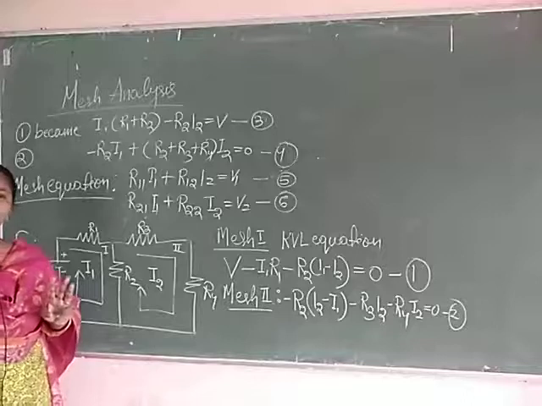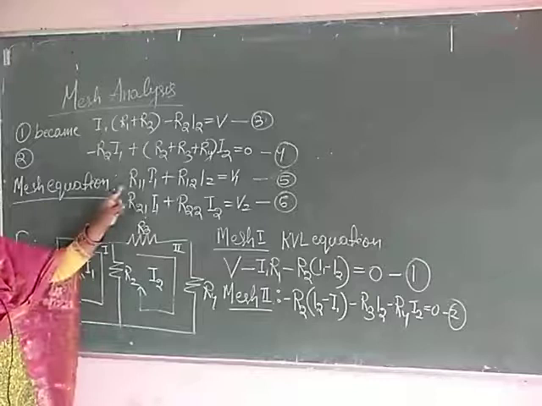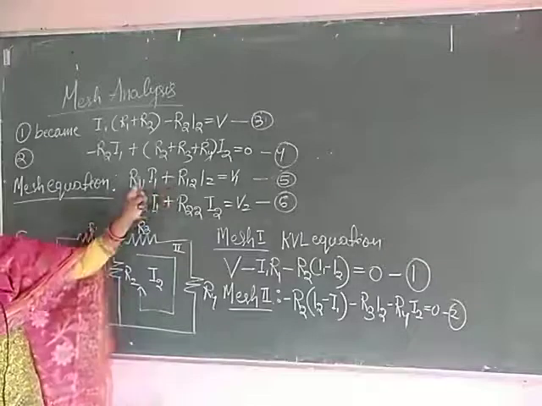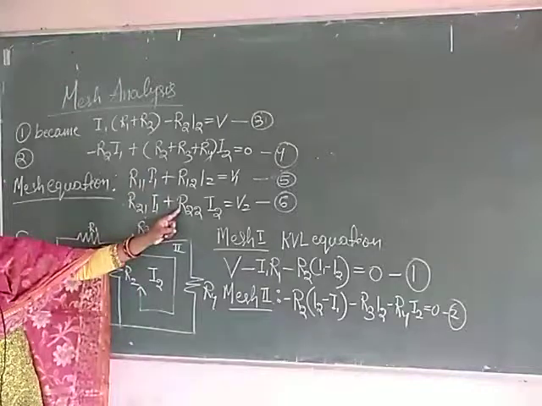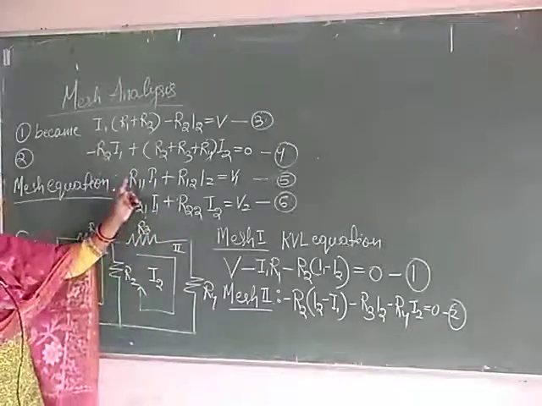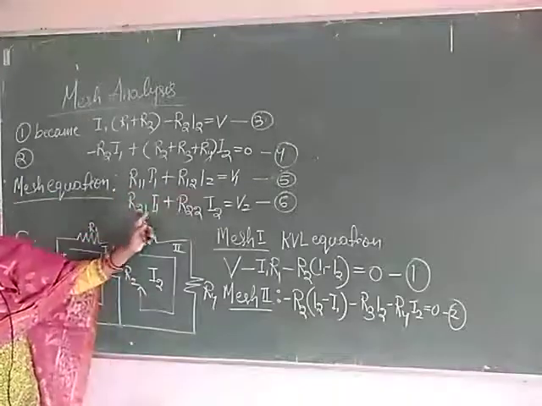Three points to get a conclusion. First, self resistance in each mesh. These two are the self resistances. Why? By comparing, I will explain. Then mutual resistance between loop 1 and 2, and 2 and 1.